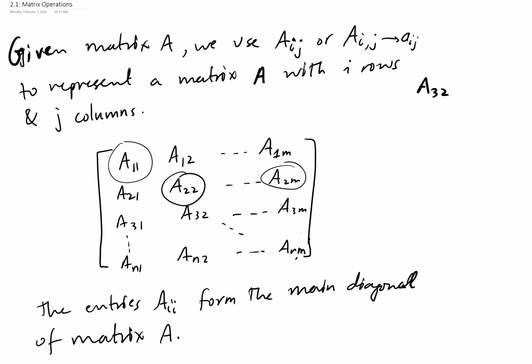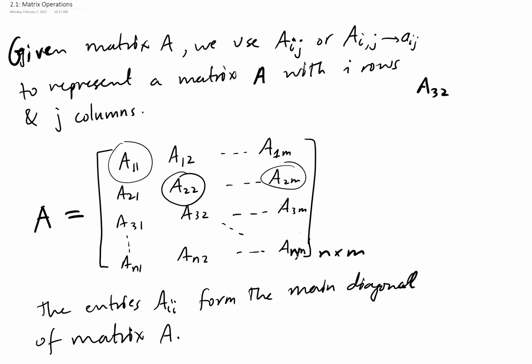And in general, matrix A can be written in this form: A11, A12 all the way to A1m, A21, A22 all the way to A2m, and down all the way to An1 all the way to Anm. So this is called an n by m matrix, which has n rows and m columns.